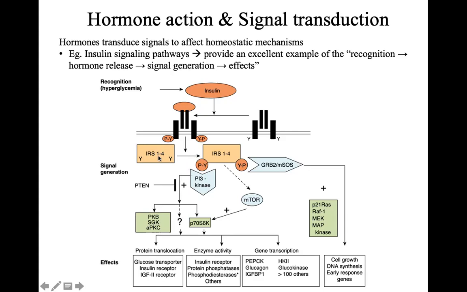From IRS1 to 4, you have this PY, and after that it goes to the phosphatidylinositol kinase, and then it can increase certain enzymatic activity, involving the insulin receptor and phosphatase enzymes, and so on. At some point they can also activate gene transcription.